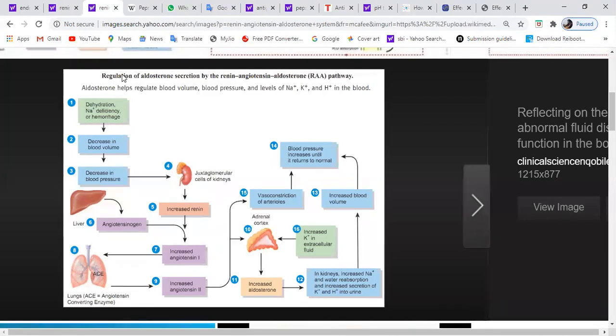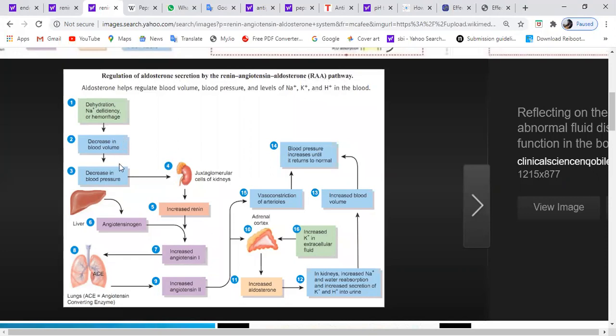Aldosterone will be produced, as renin is inducing the angiotensin, and angiotensin is stimulating your aldosterone. Aldosterone is produced by the adrenal glands. It helps in regulation of blood volume, pressure, as well as the levels of sodium, potassium, and H positive ions in the blood so that the blood pressure can be maintained. In short, this is called the RAA pathway.